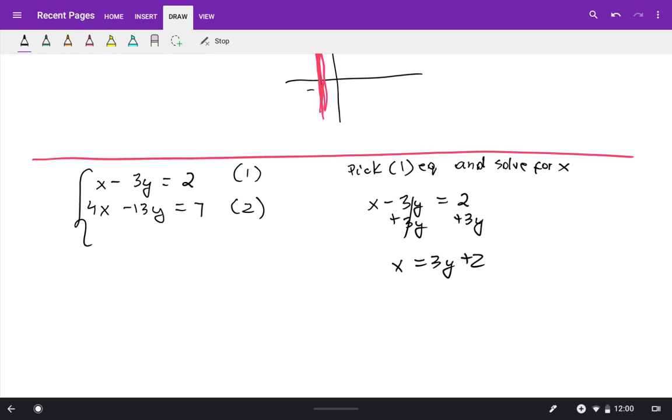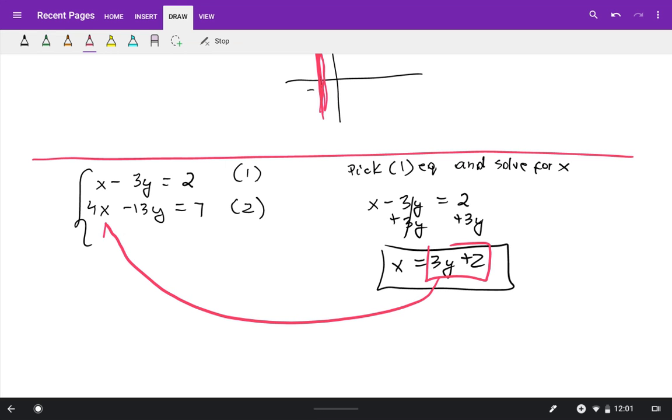Okay. Next, I'm going to the second equation. And where I have x in the second equation, I plug in 3y plus 2. So my second equation is 4 times x. We're going to replace x in the parentheses with 3y plus 2, minus 13y equals 7.